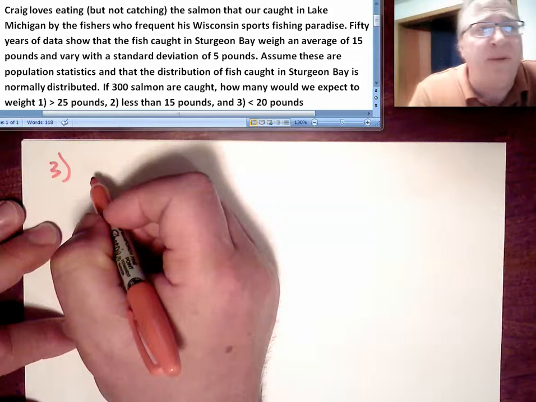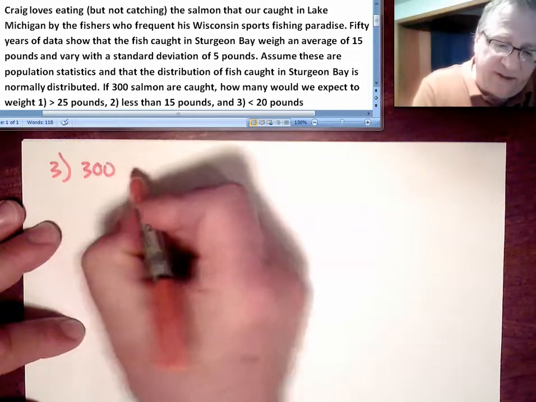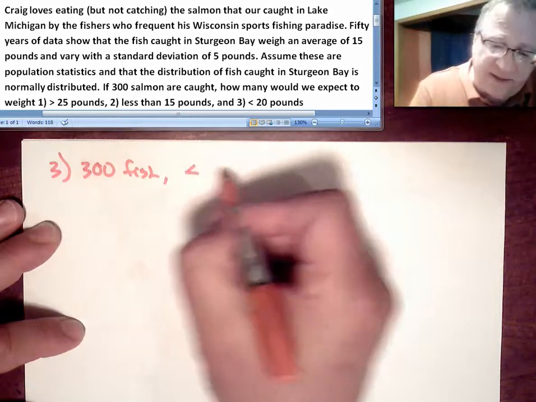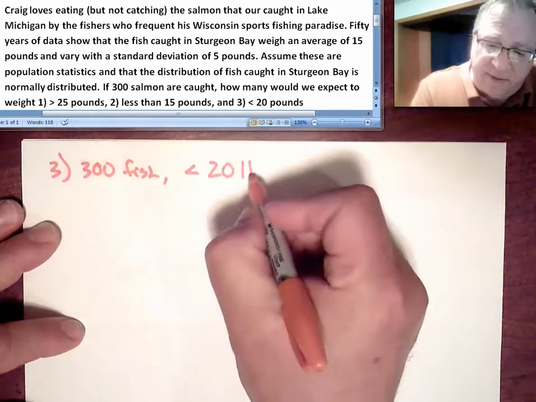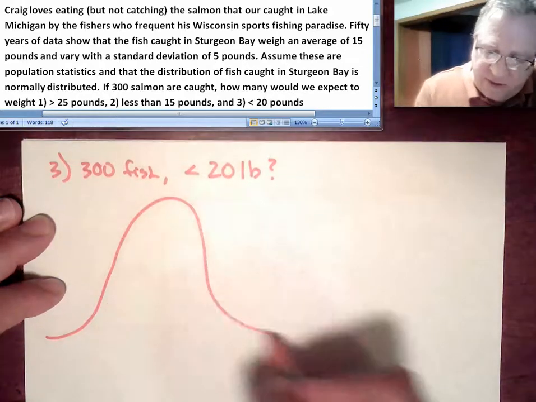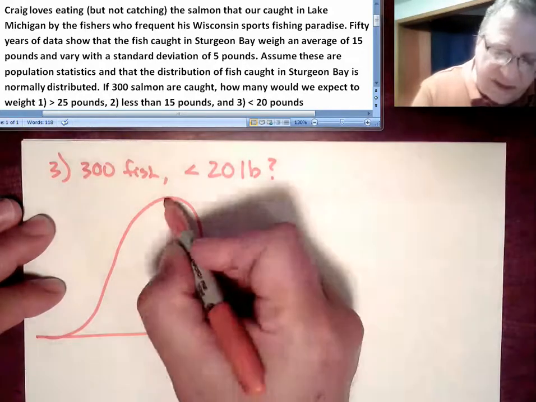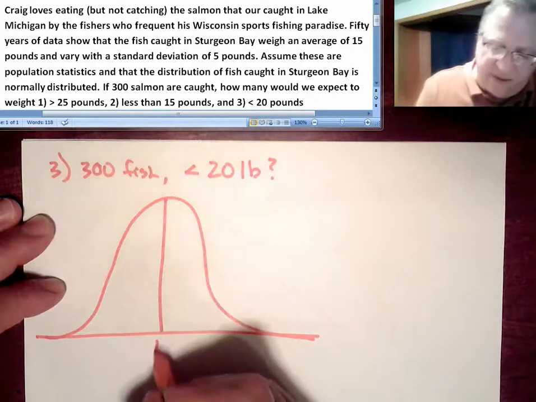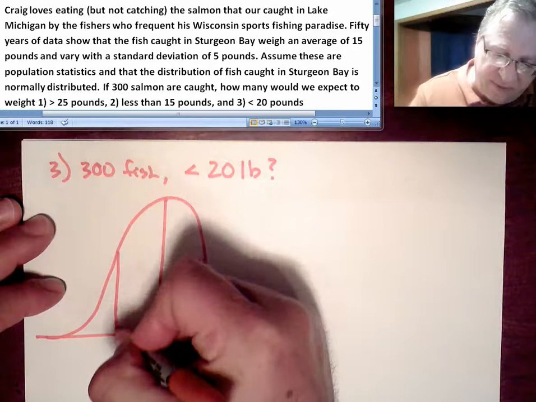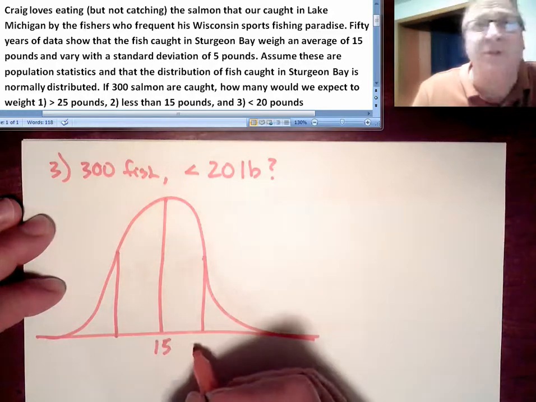Number 3, we have 300 fish. We want to know how many are less than 20 pounds. Once again, we draw our bell curve. It helps me to see what's going on. We have our mean at 15, and let's put our 68% values in, plus and minus 1 standard deviation.